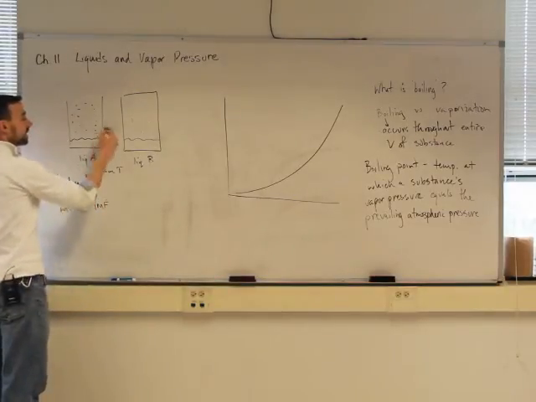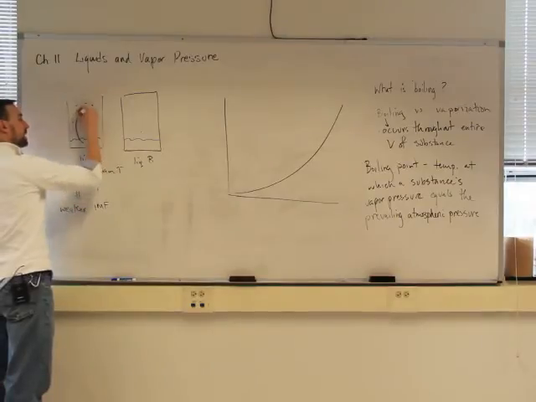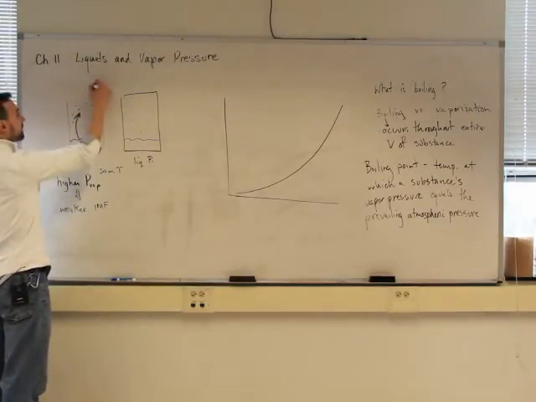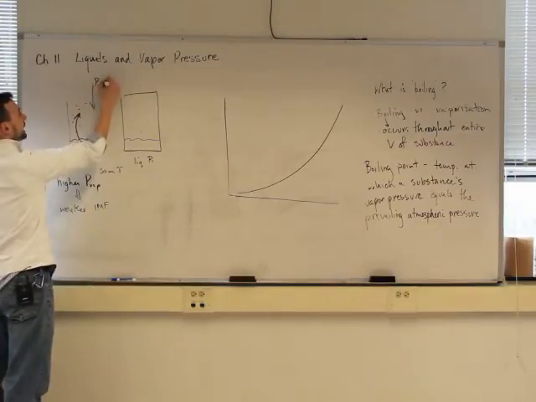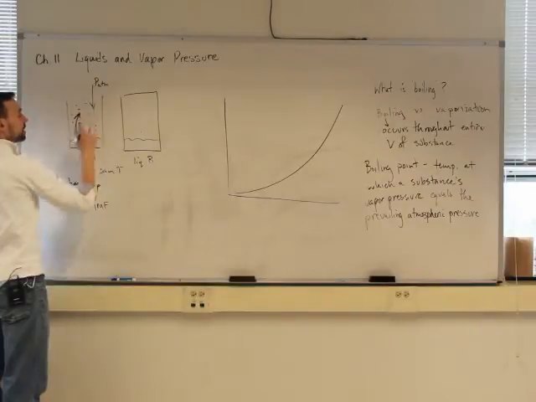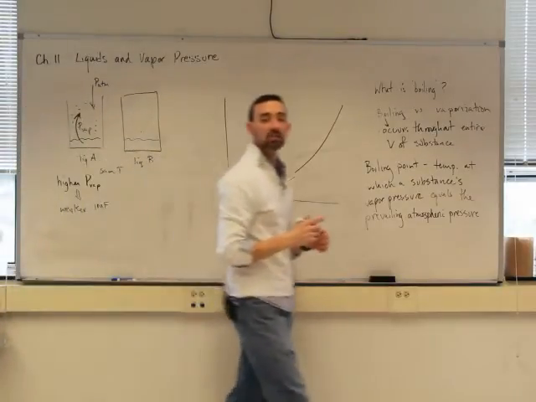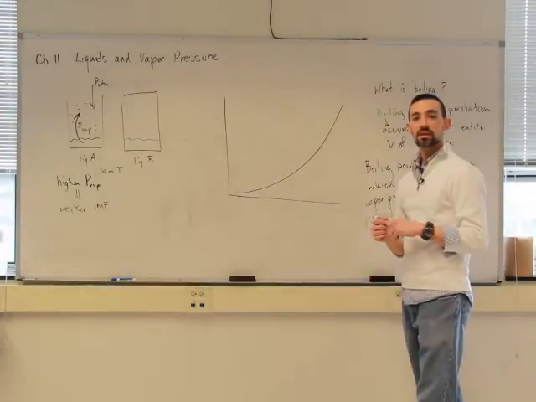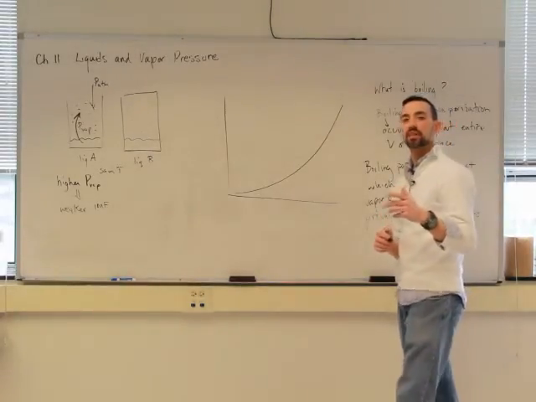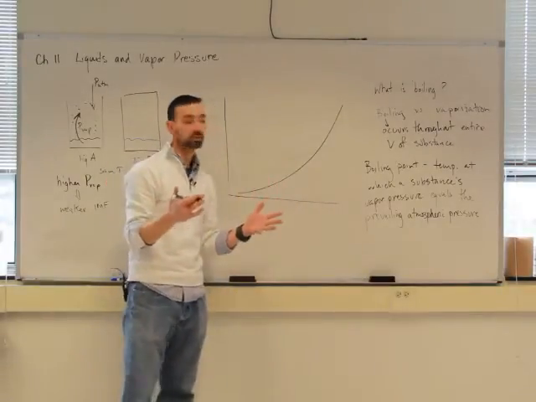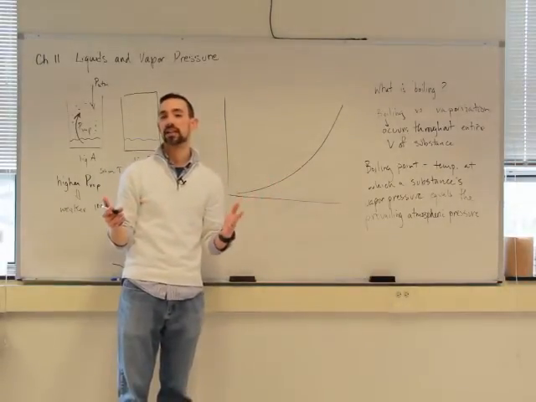But when this liquid is pushing out as many particles as the atmosphere pushes back down with, all right, when these two numbers are equal, that is going to be the boiling point of our material. And so it's a little bit deceptive. If I were to ask you what's the boiling point of water, the most common answer that jumps to mind is 100 degrees Celsius.